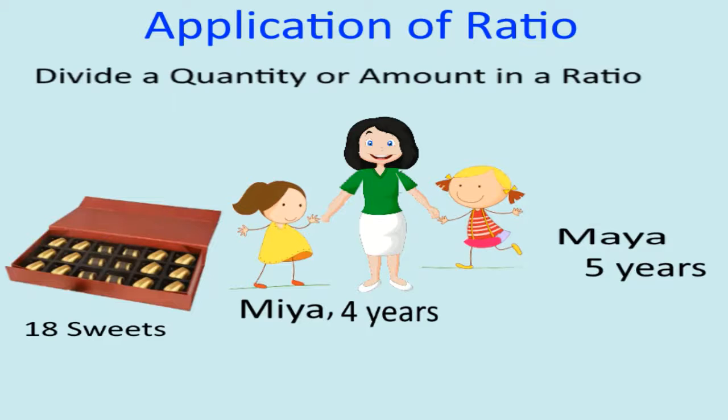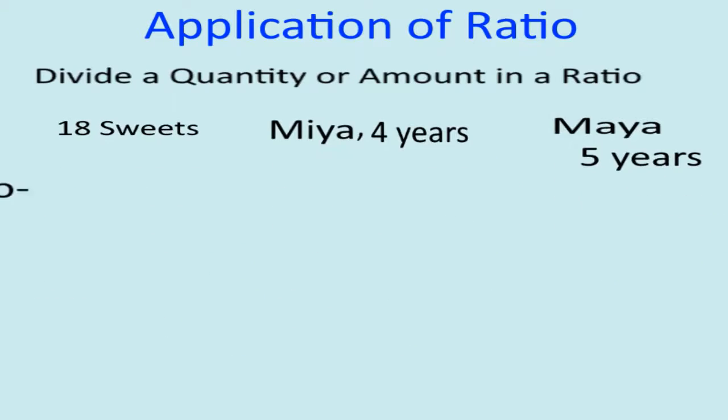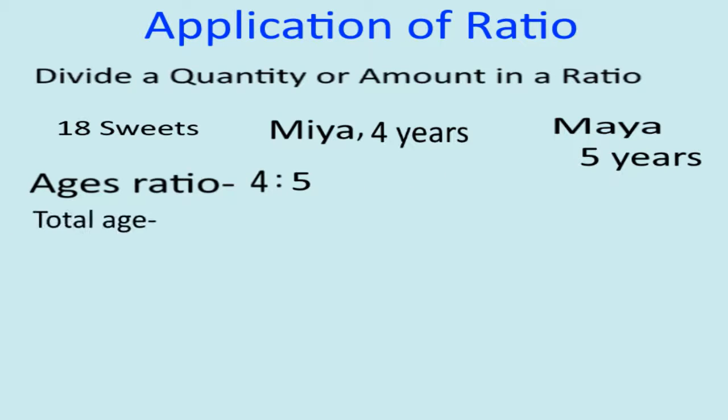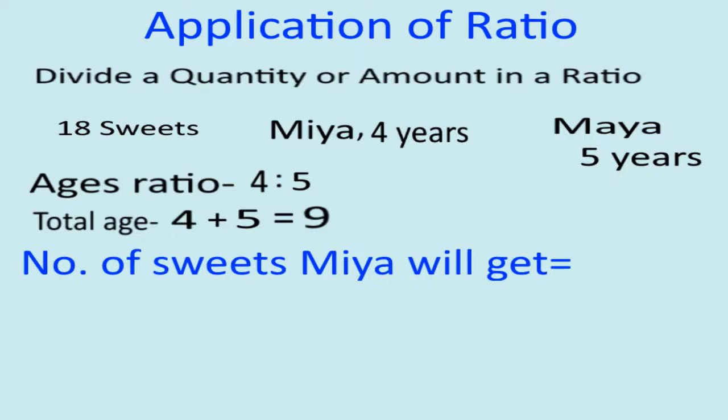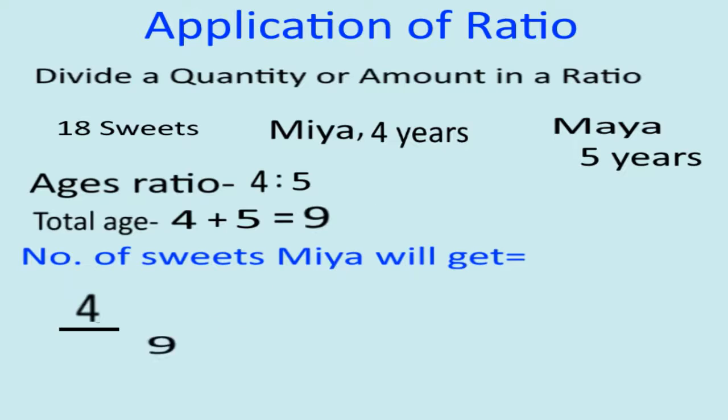Here we want to divide these 18 sweets in the ratio of their ages, 4 and 5. The ratio of their ages can be written as 4:5. So the total parts we can write as 4 plus 5 equals 9. Therefore, Mia should get 4/9 of the total sweets and Maya should get 5/9 of the total sweets.